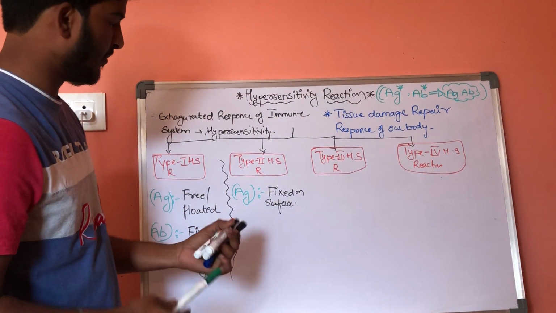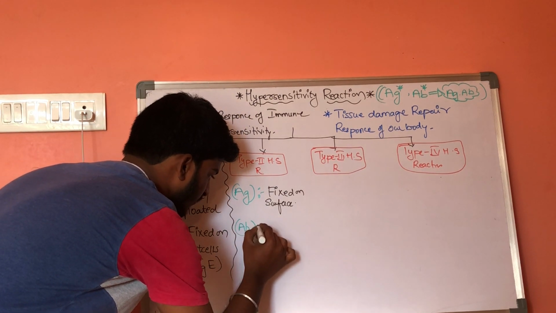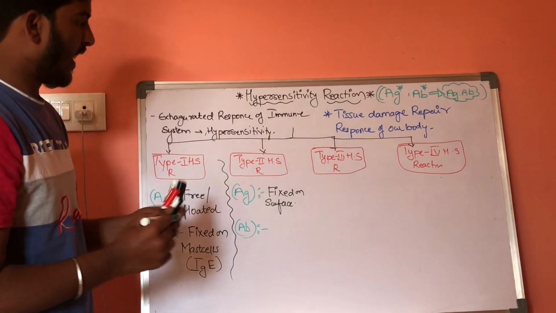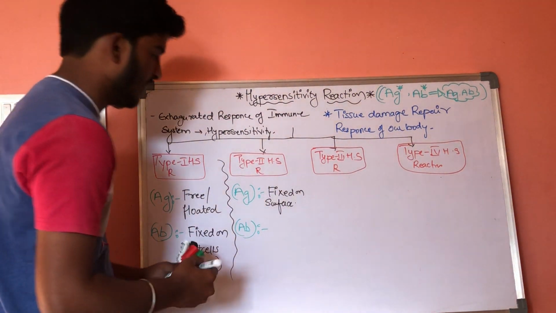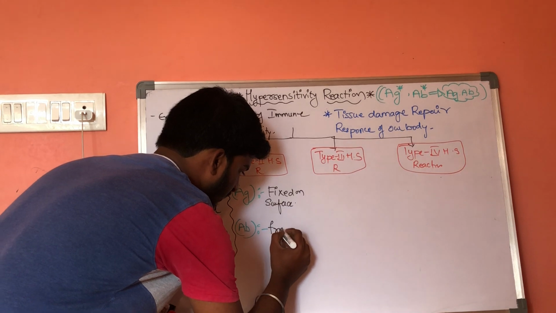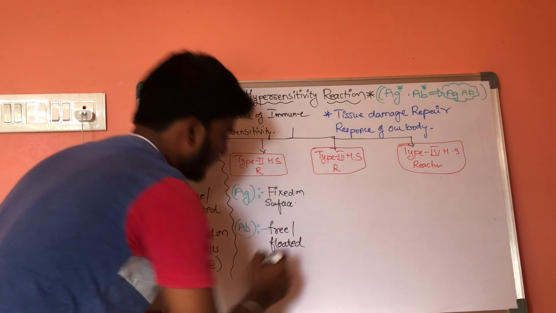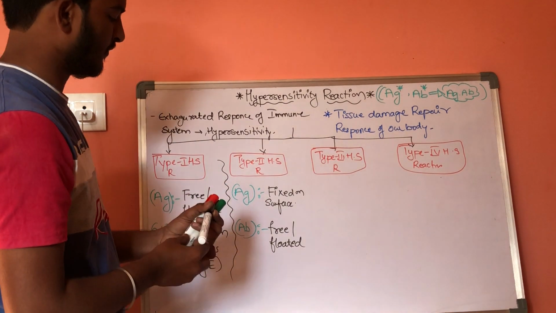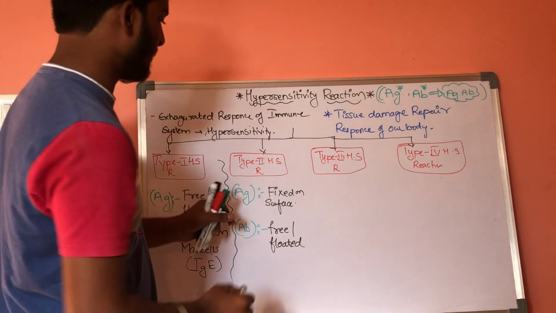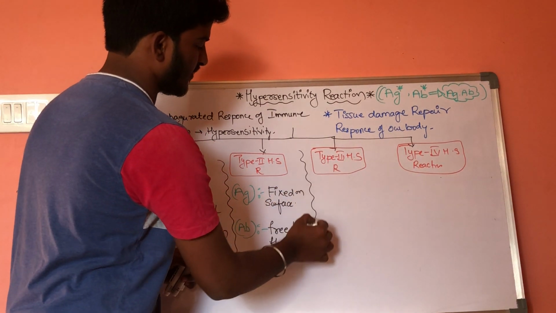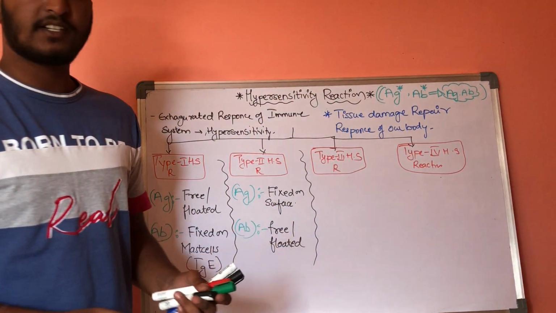Now coming to the antibodies: the antibodies in type 2 hypersensitivity reactions are free and floating. This is type 1 and this is type 2 hypersensitivity reaction.